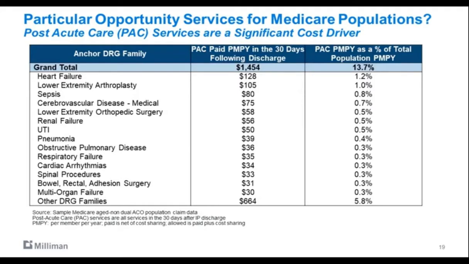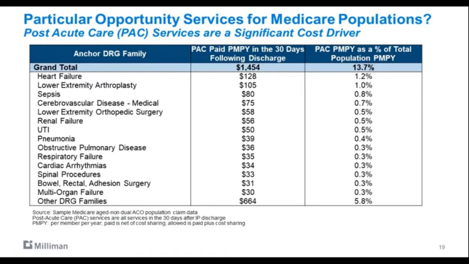But you'll see in the last column, 13.7% of total Medicare spend is just for cost in the 30 days after discharge. This does not include the inpatient stay. This is just for 30 days of costs. And the first question I have is, well, what are the admission types that are driving that post-acute care?